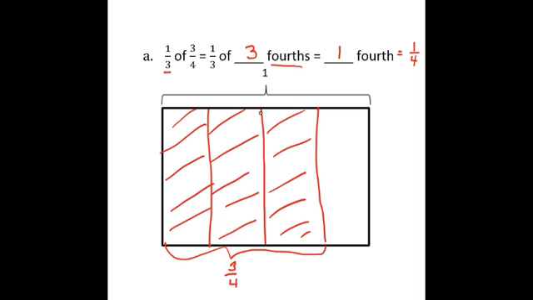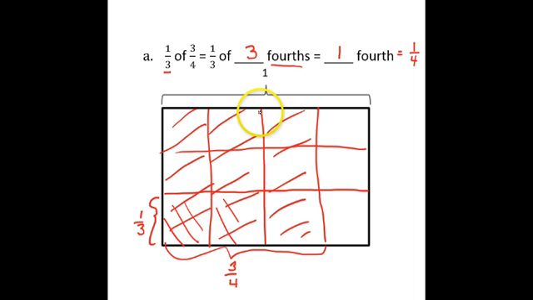Now we have to take 1/3 of that. I'll draw my thirds on top of my fourths, and we'll look at one row. That's these 3 pieces. 1/3 times 3/4 equals 3/12, because there's 3 pieces out of the 12 that are shaded.